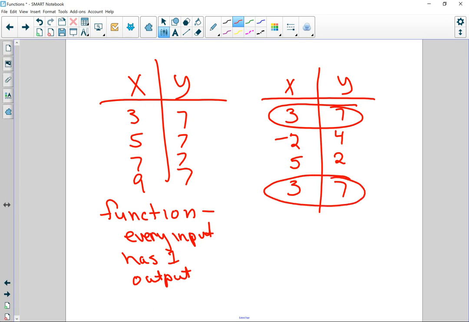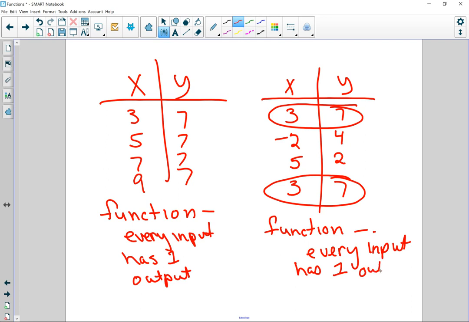This 3 repeats. But this 3 has the same partner both times, doesn't he? 3 went with 7, and 3 went with 7 again. So this is still a function. Every input had one output. Just because he saw the same output more than once doesn't matter. Every input has one output. It's still a function.